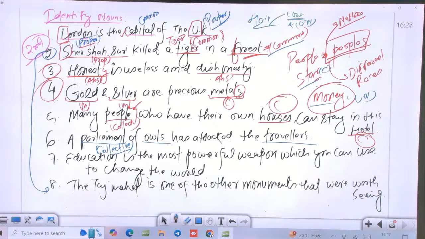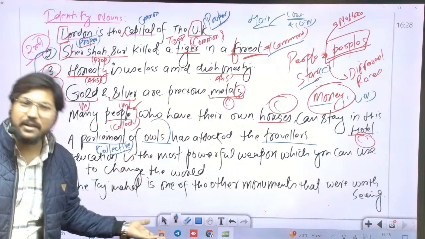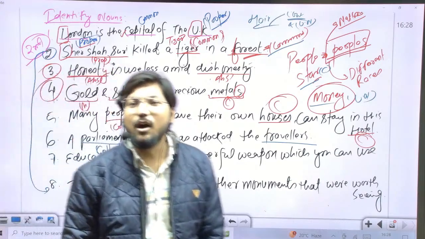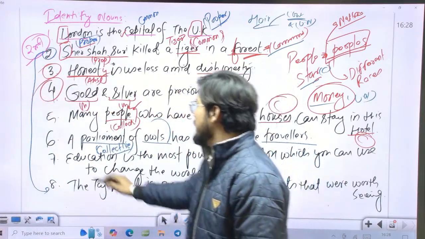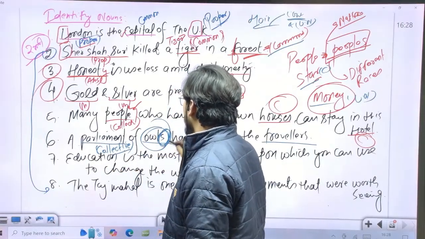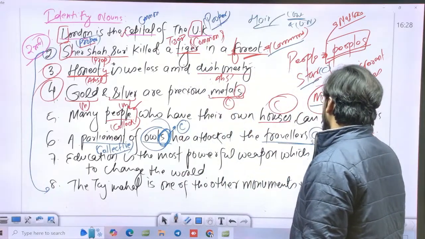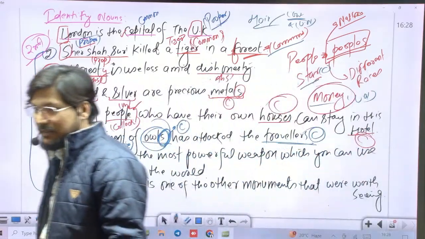We are not talking about that. A group of owls is known as a parliament. So we say a parliament of owls. Owls means we are making plural, so this is a common noun. Travelers is also a common noun. Is that clear?